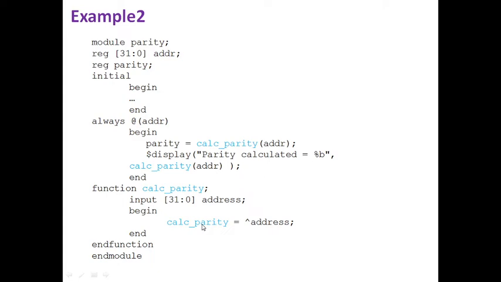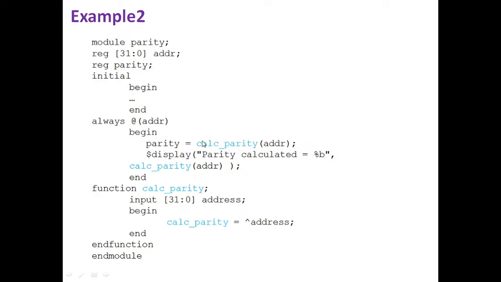But calc parity I didn't mention anywhere. I didn't discuss its type, right? But parity's type I have mentioned in the module. So if parity is a register, definitely calc parity is also a register, right? Because calc parity is handing over something to some variable. That means this variable is handing over something to that variable, so if that variable is a register, this might also be a register.